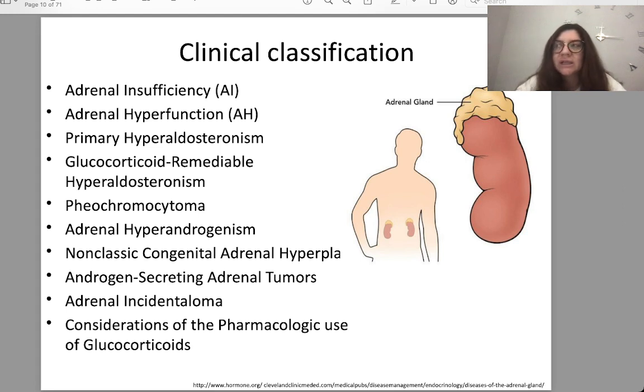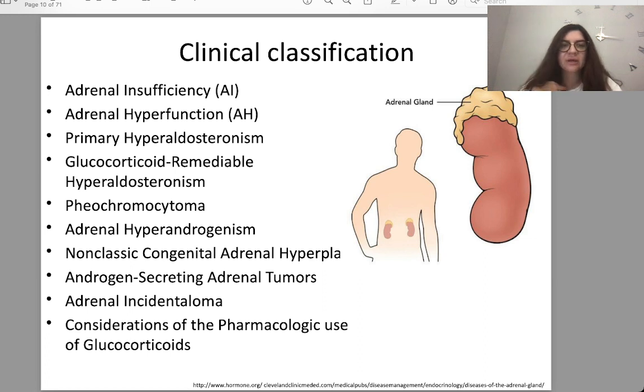Okay, and clinically, you understand that adrenal disorders are a big range of different diseases. What are the main ones, according to etiology and according to the problem in function of the adrenal glands? It can be adrenal insufficiency, and in opposite to it, adrenal hyperfunction.